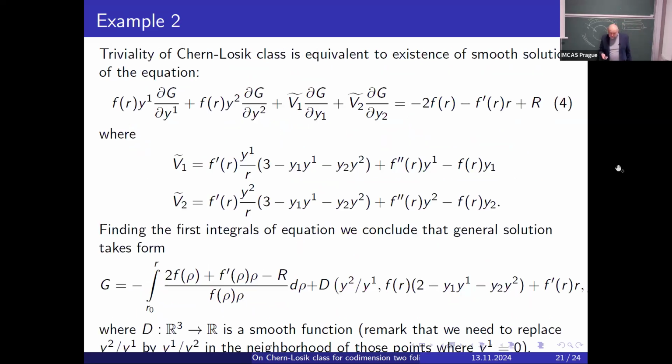And so we can state that if there exists some general solution of this form, then there exists a different solution where the function D doesn't depend on this coordinate y2 divided by y1. But if we have no such coordinate, then smoothness of this function implies smoothness of these integrals.